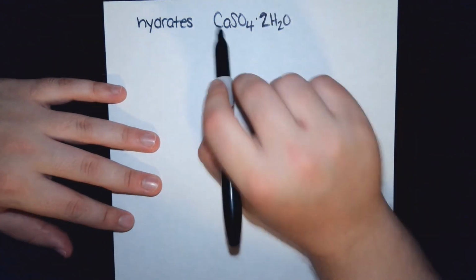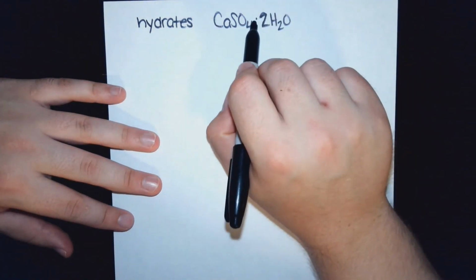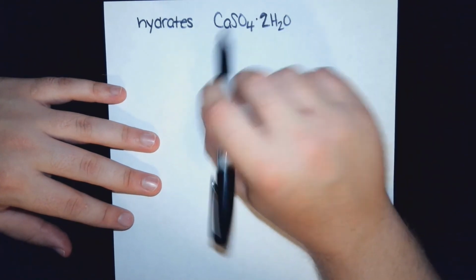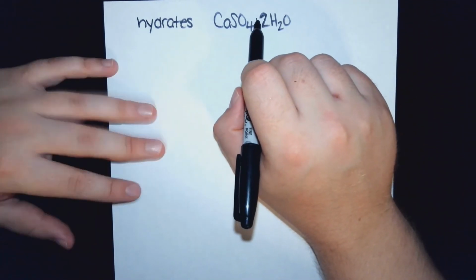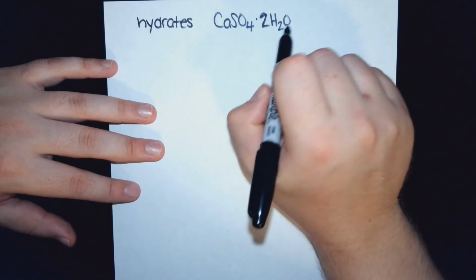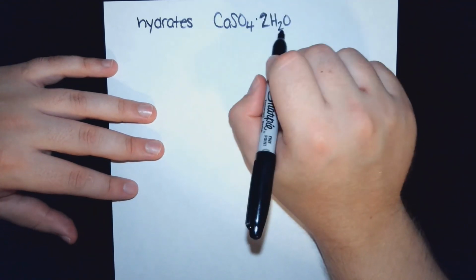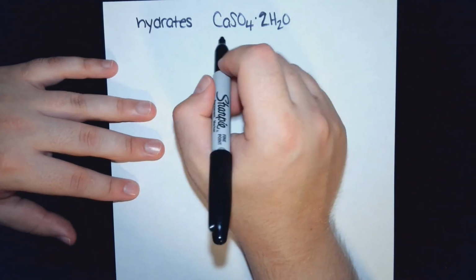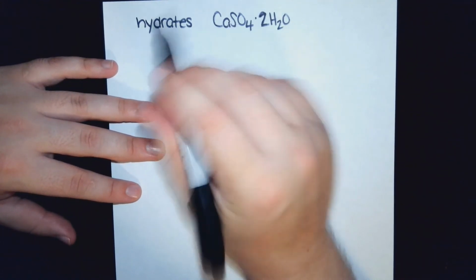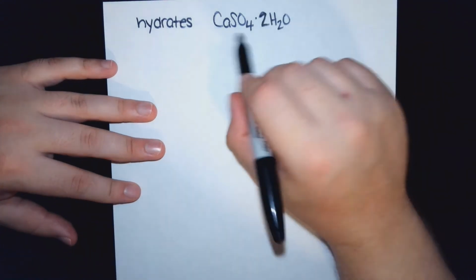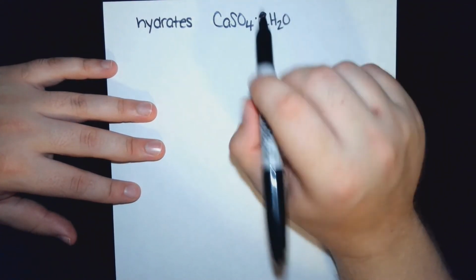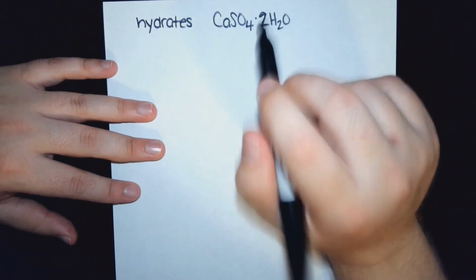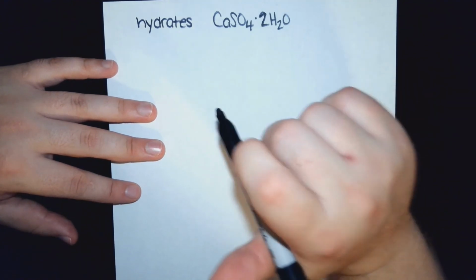Okay, so we've got CaSO4 times 2H2O, basically. Basically, what this means is that we've got these two water molecules, and although these water molecules are not actually bonded to any of this stuff here, they do coordinate to it, and they stay with it. So if you're looking at the formula for this, the water molecules are included in the formula.